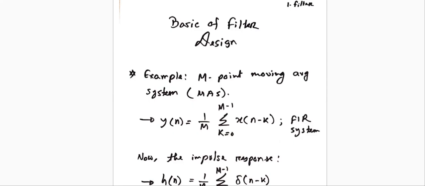A few parts have been taken from the undergraduate level, as well as some from the higher level. So I assume that you have a good idea, or at least the fundamental ideas, of the Z transform, and you know its purpose.